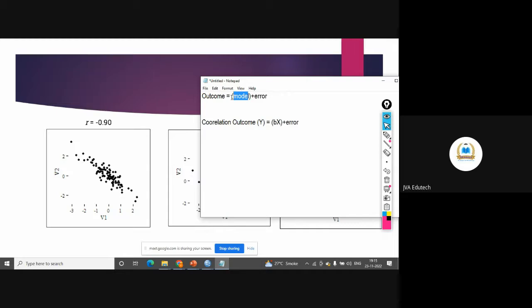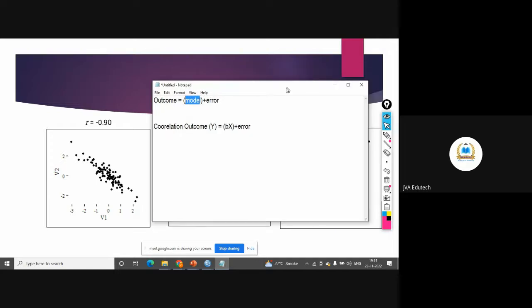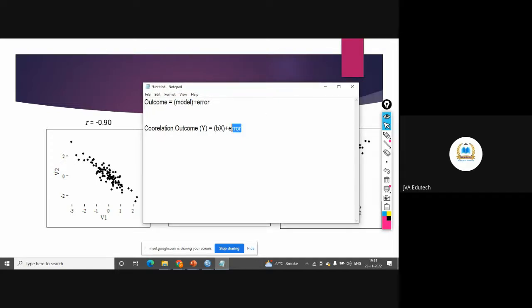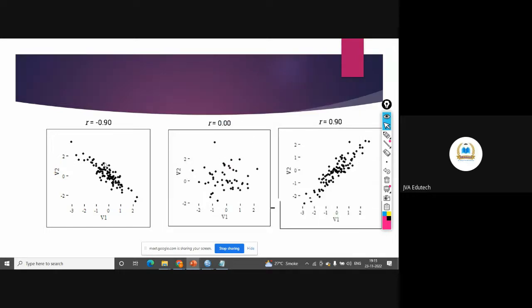So in our case, the outcome y in correlation is equal to bx plus error, where b is the correlation coefficient of the variable x. Because 100% correlation cannot exist between any of the variables, whatever goes unexplained is due to the error. And this error happens because of these data points not fitting on a straight line, diverging away from the straight line.